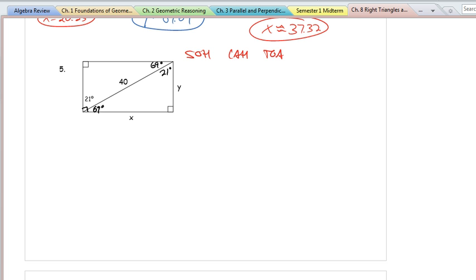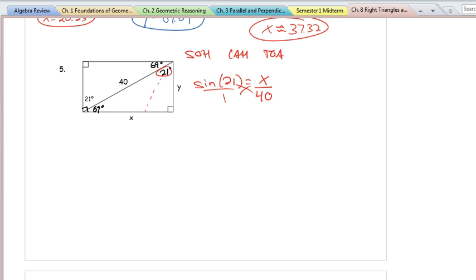If we're starting at 21 degrees here, I know the opposite is x, because it goes across this triangle. So the opposite is x, and then I need to use the hypotenuse. I'm using opposite and hypotenuse, that's O and H. So we have sine of 21 equals opposite over hypotenuse.